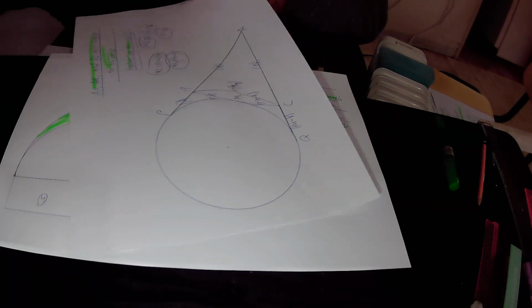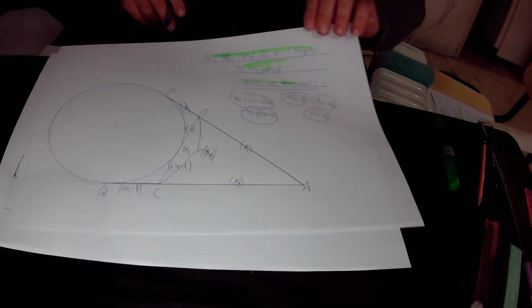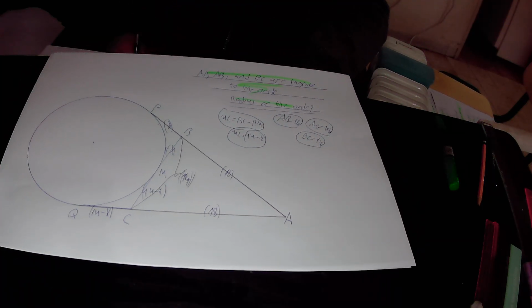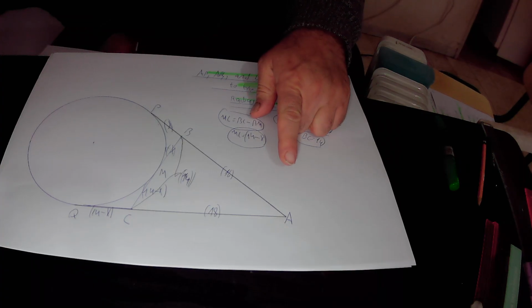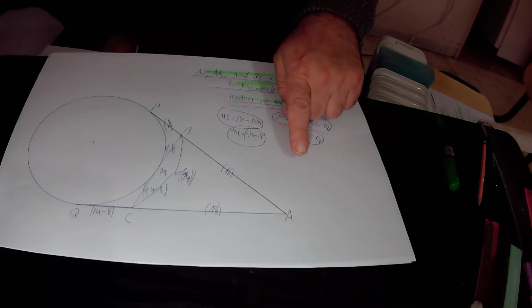In the next step, we focus on this external standpoint point A. For this point A, we have two tangents to this circle, tangent AP and tangent AQ.